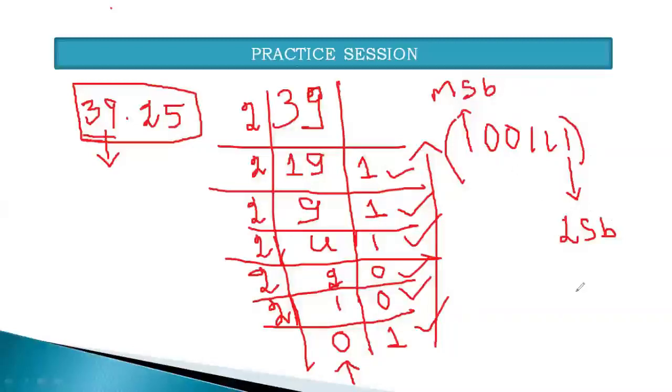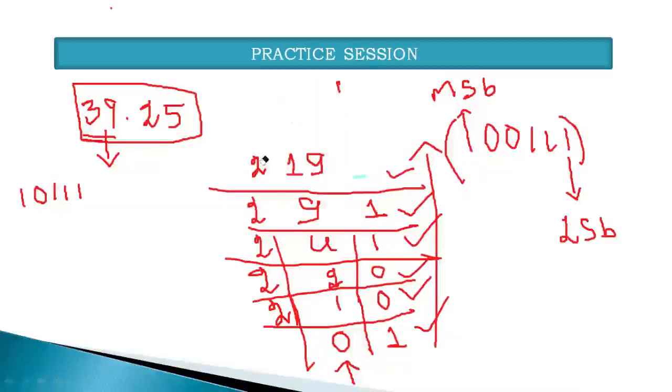Just trying to recall you. Now, we got the LSB, we got the MSB, we got the conversion of 39, and the final conversion of 39 is 100111. Just I am noting down here only. And now we are going to convert 0.25. Let's see how to convert 0.25.